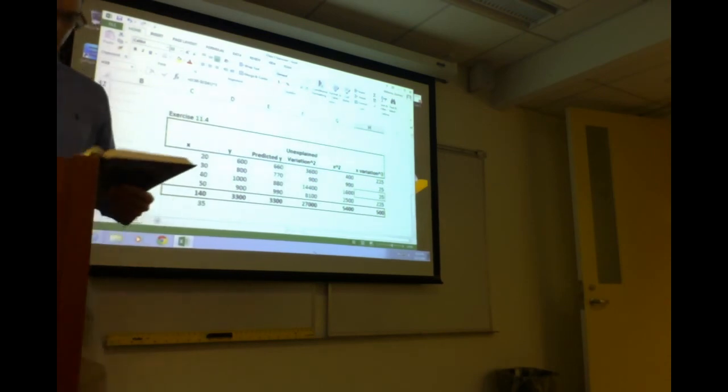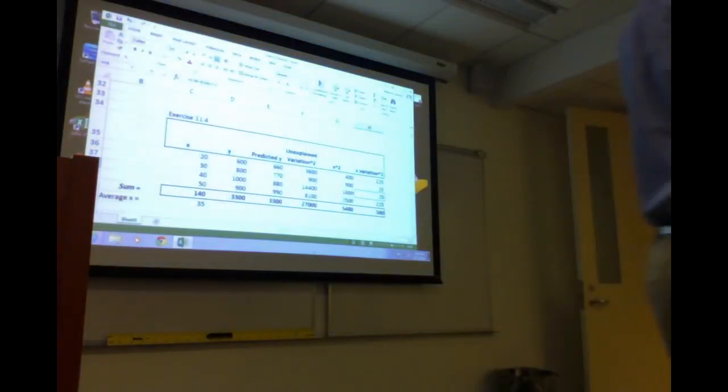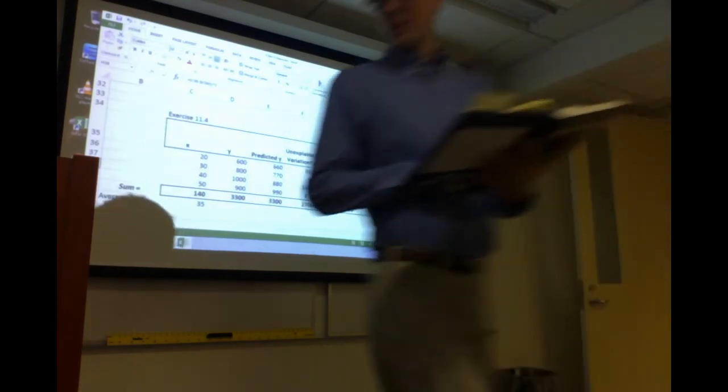All right, now, first thing we want to do is calculate the standard error of the estimate, which is s subscript y dot x. That is the standard error, sum of squares error, which we can calculate as 27,000.